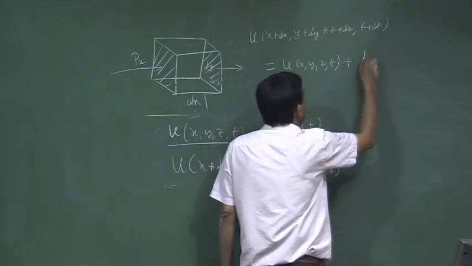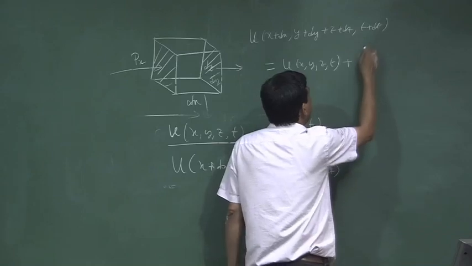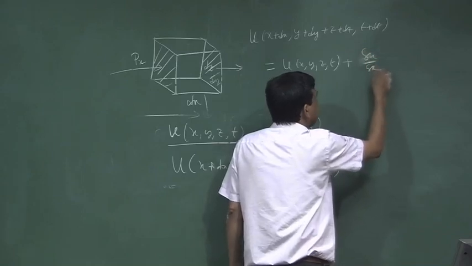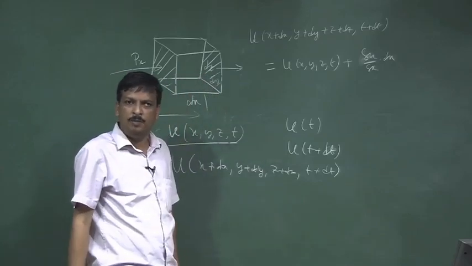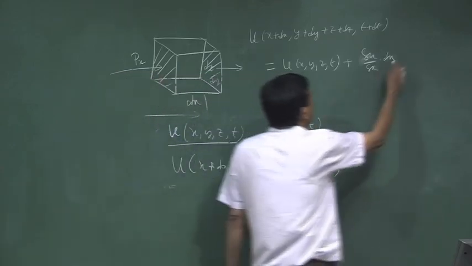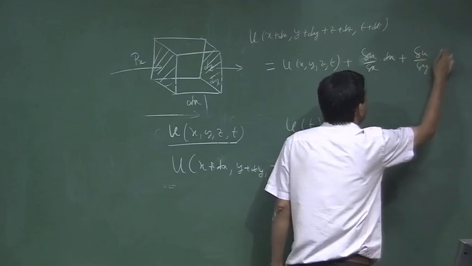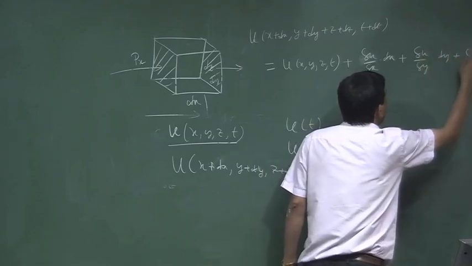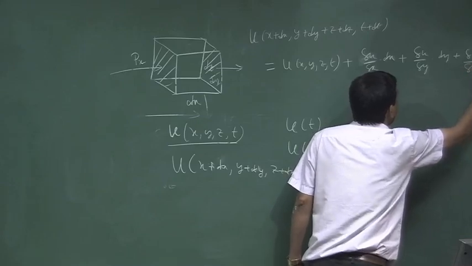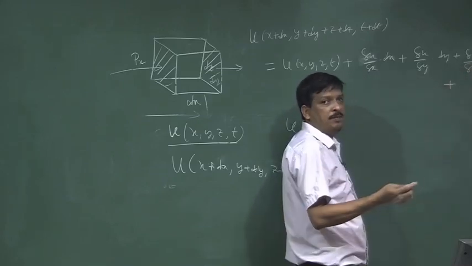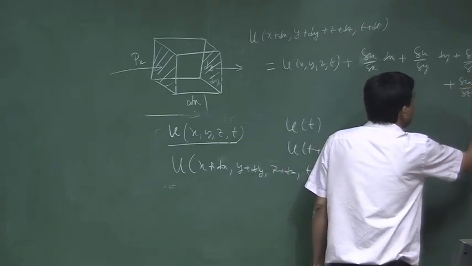So the change of u in the x direction is del u by del x into dx, plus the change of u in the y direction, plus the change of u in the z direction, plus the change of u due to time, so del u by del t into dt.